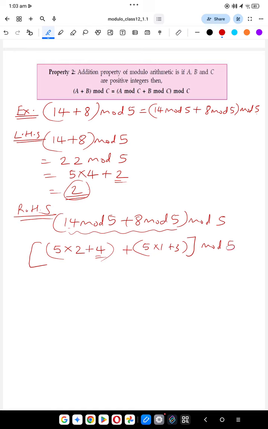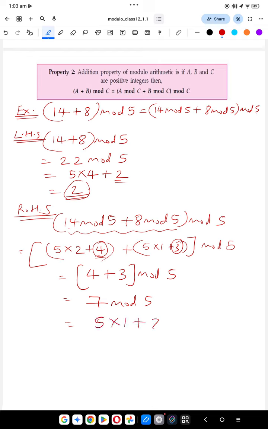So from here we got remainder 4, and here we have got 3. So we have 4 plus 3, the whole mod 5, which is 7 mod 5. So how much is 7 mod 5? It is 5 into 1 plus 2. So the remainder is equal to 2. So we have verified LHS equal to RHS. Verified.